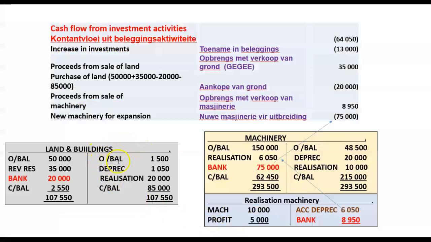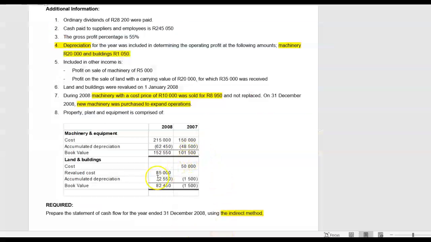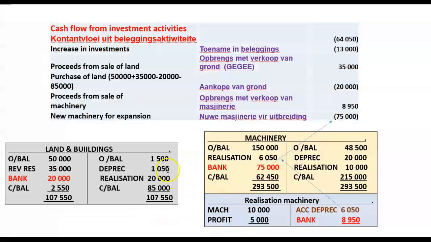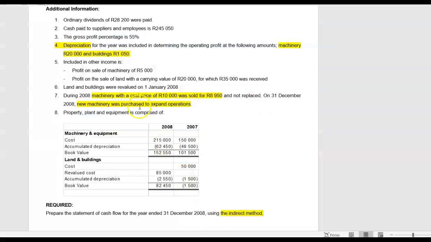So the opening balance of accumulated depreciation was 1,500 and the closing balance of accumulated depreciation was 2,250. What else do they tell us about buildings? They say that there was depreciation for the year of 1,050.